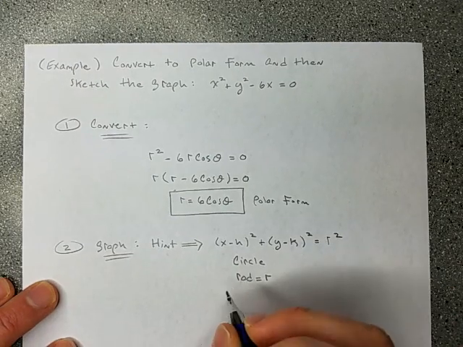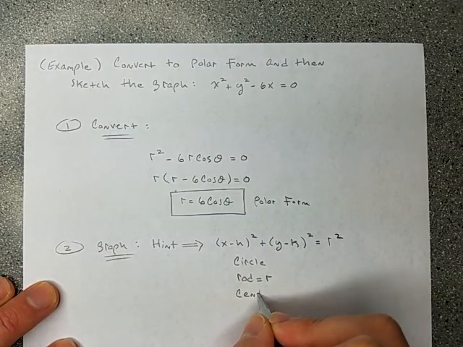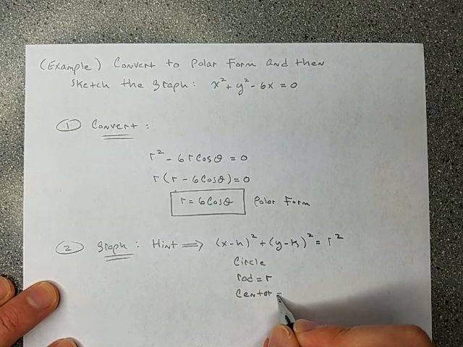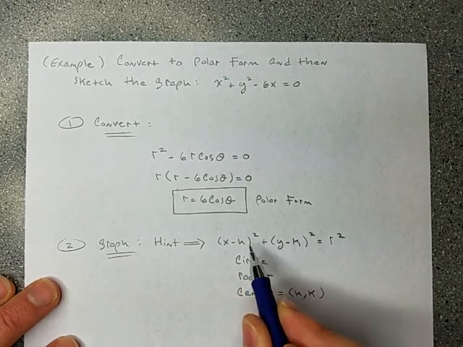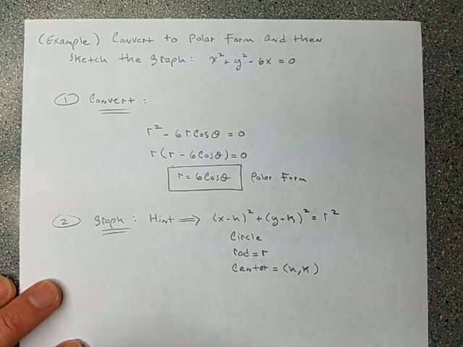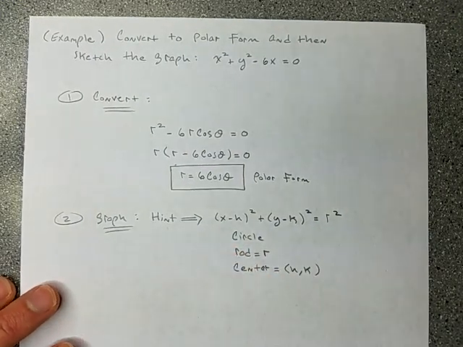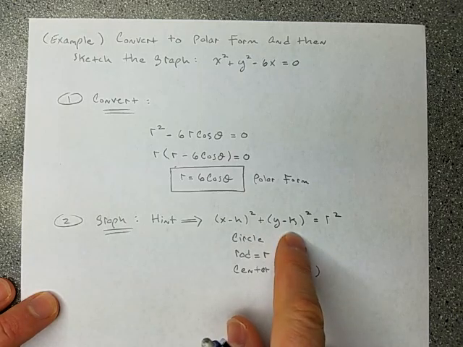Every circle has a radius and a center, and it has a center of (h, k). So these numbers specify the coordinates of my center. I think that's where we can end up with this one.